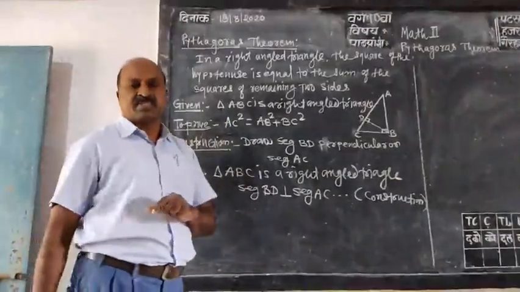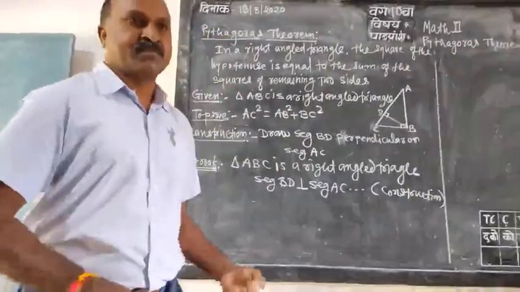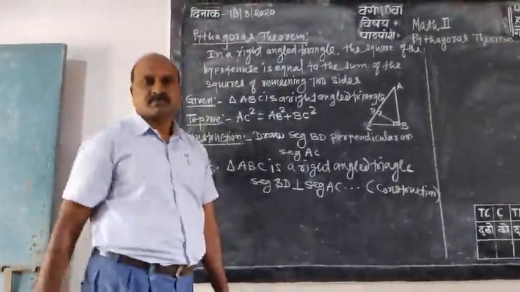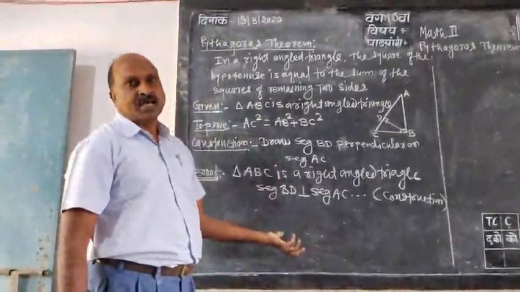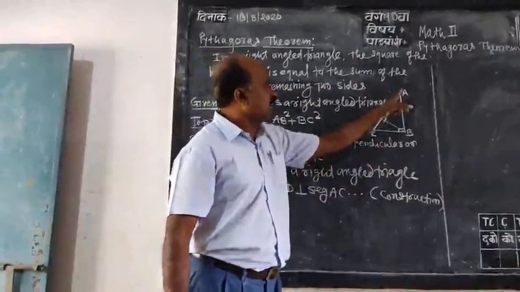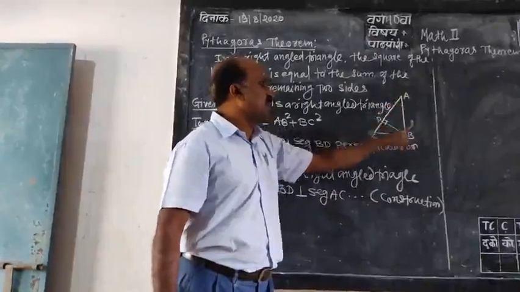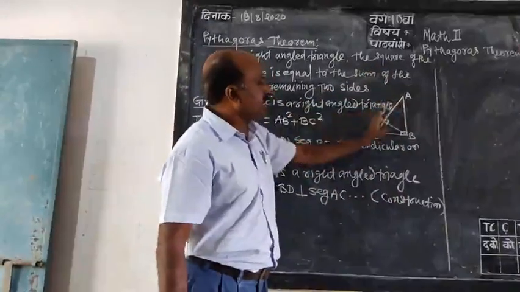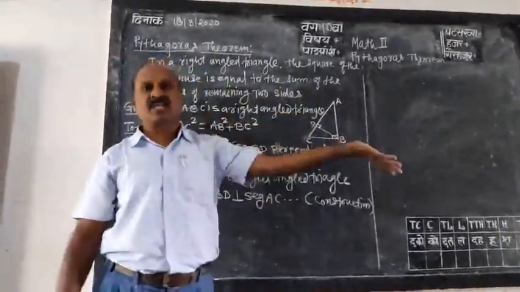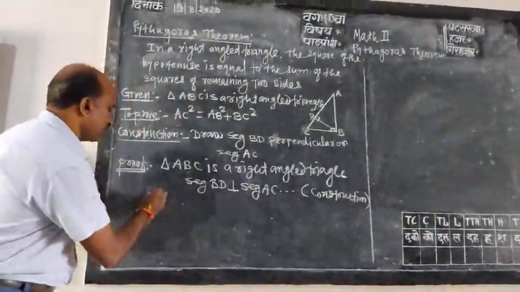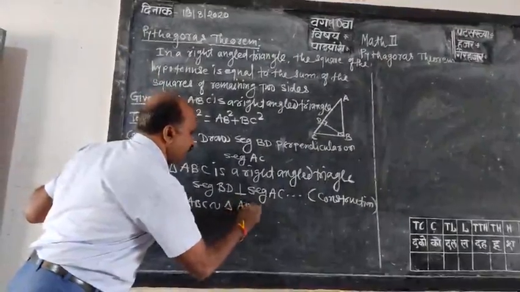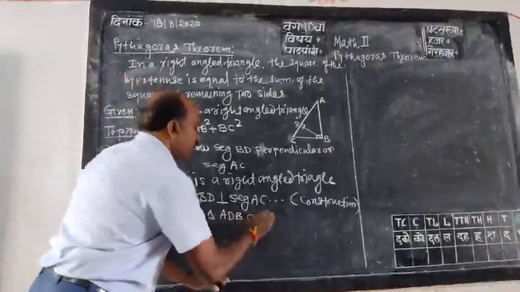So, if this is the case, in similarity in right angle triangles, what we have studied is that the triangles formed in a right angle triangle are always similar: triangle BDC and triangle ADB are similar with triangle ABC. This means if a perpendicular is drawn in a triangle like this, the two triangles formed by this perpendicular and the original triangle are similar. Therefore, triangle ABC is similar with triangle ADB, similar with triangle BDC.